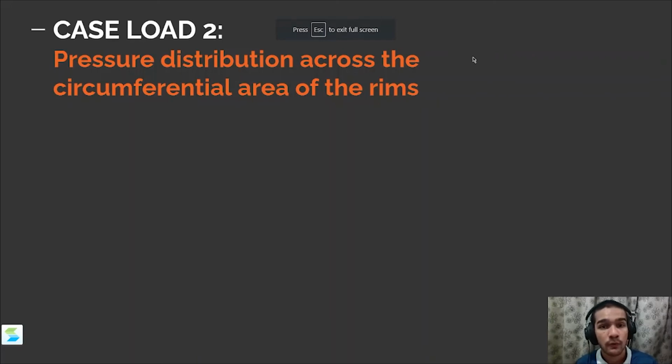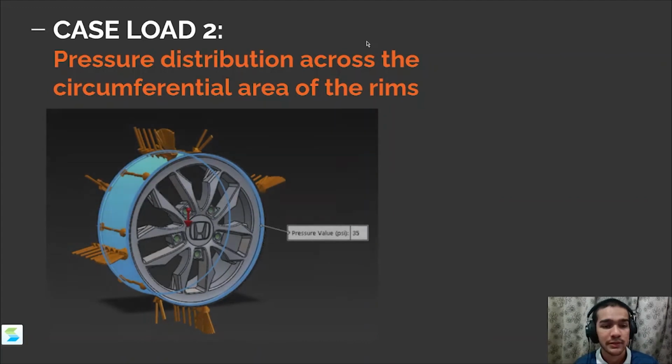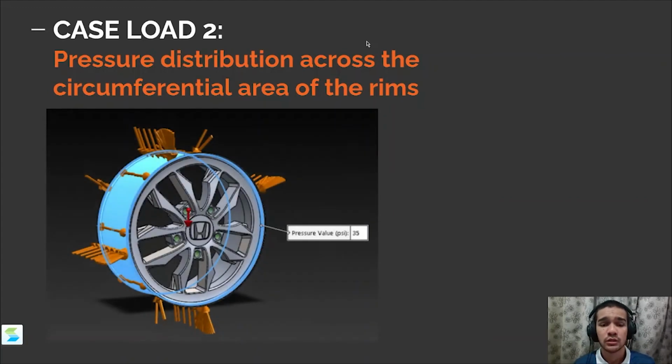Alright, so for my test load number 2, I did the analysis on the pressure distribution across the circumferential area of the rims. There are a few key notes that we need to know. I've chosen a pressure value of 35 psi, and I also chose the material of these rims to be aluminum alloy 6061.